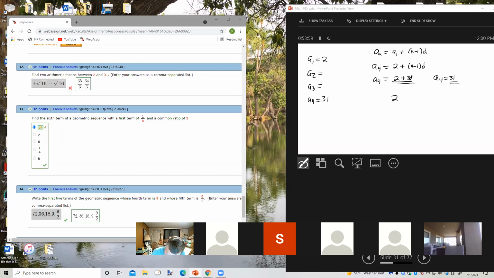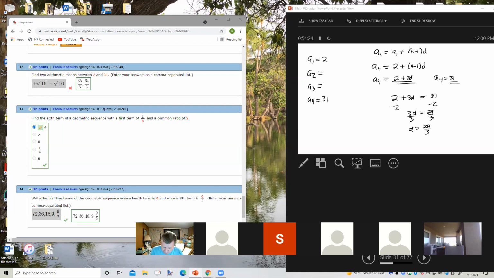So now we get 2 plus 3d equals 31. Subtract 2 from both sides. 3d equals 29. Divide by 3, d equals 29 thirds.